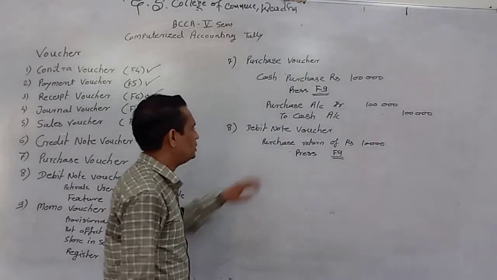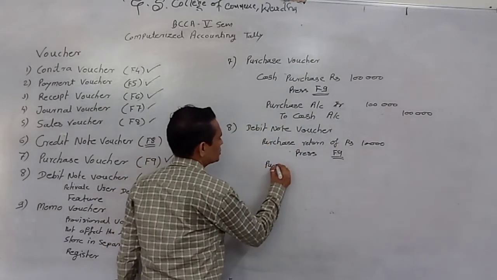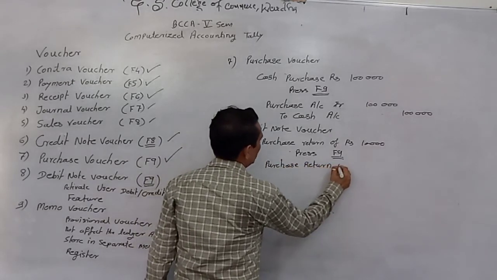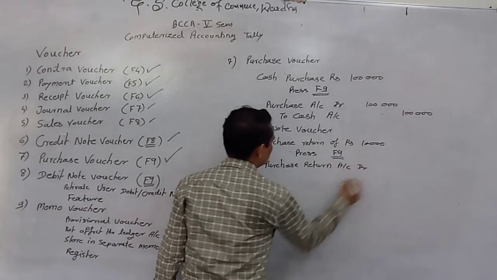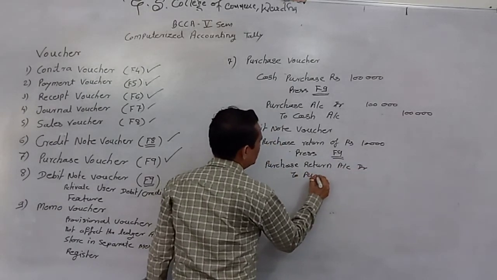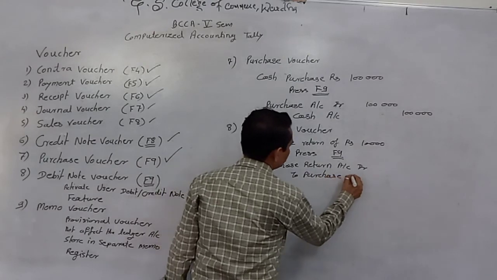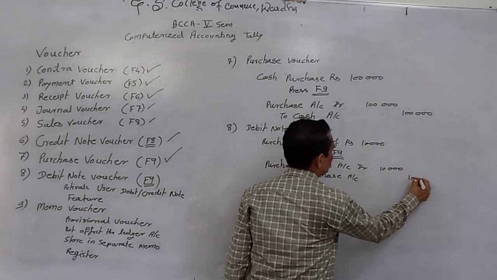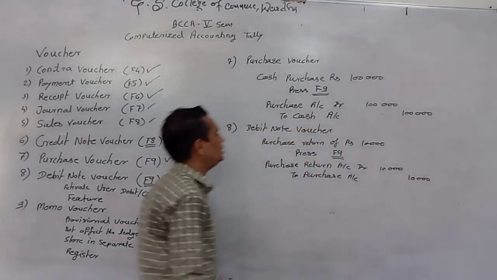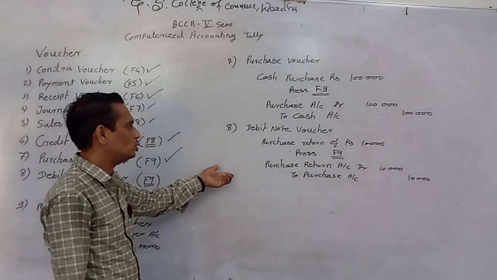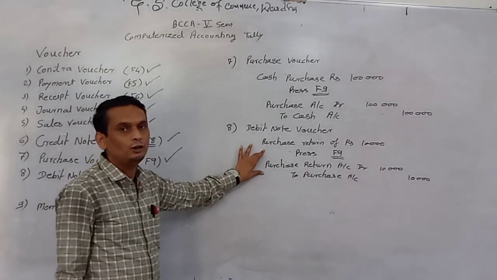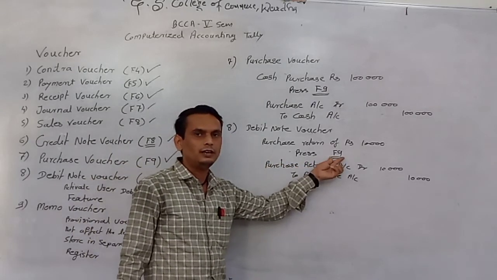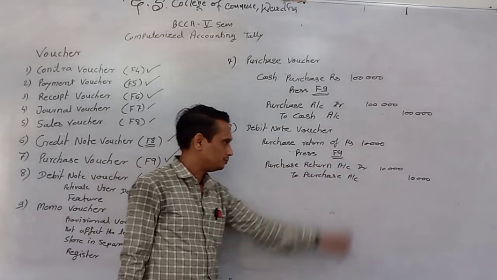For the purchase entry, purchase return account debit to purchase account, rupees 10,000. So this way we can make the debit note voucher, and the debit note voucher is always made for a purchase return, and the key for the debit note voucher is the Control F9 combination key.